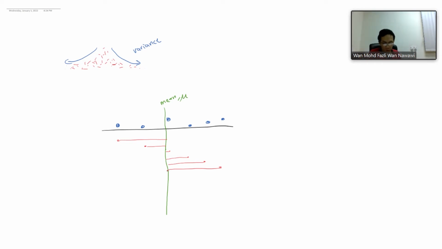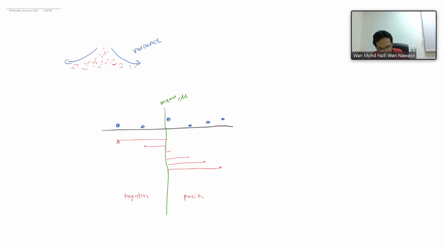The problem is when you do it like this, you have a negative part and a positive part, so negative and positive will cancel out. They want to find the distance of your data to the center, to the average. So they do this.